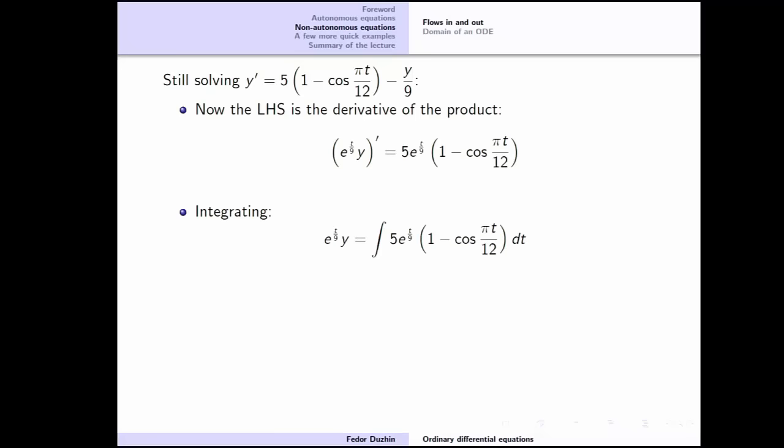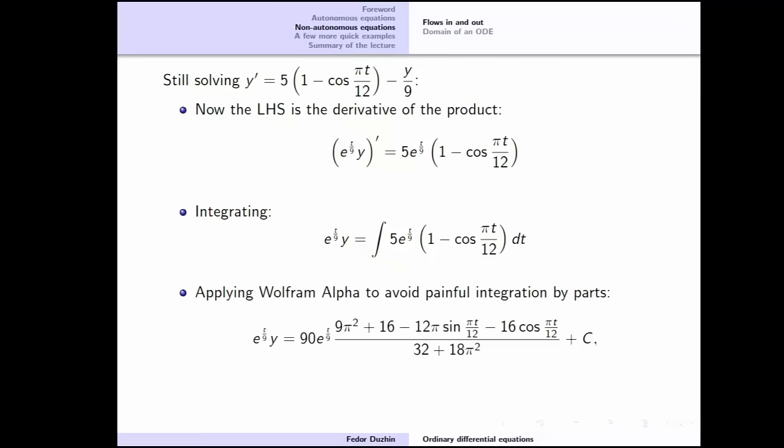Of course I'm not going to do it by hand. I know how to do it, but it'll probably take 20 minutes of my time. So I think you'll believe me if I tell you that I just used Wolfram Alpha and found the exact answer. Well, it looks scary, probably.